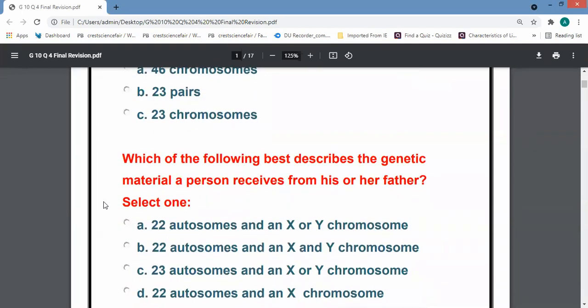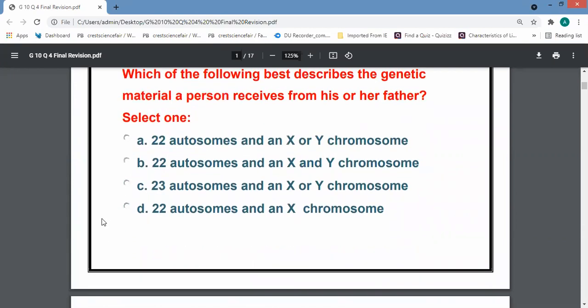Next one, which of the following best describes the genetic material a person receives from his or her father? Select one. You must read this question carefully. A. What about B? No, Mister, it cannot, because it carries only one X or Y, not both.